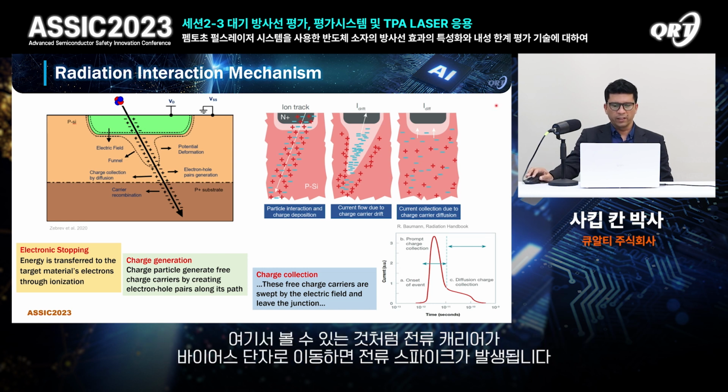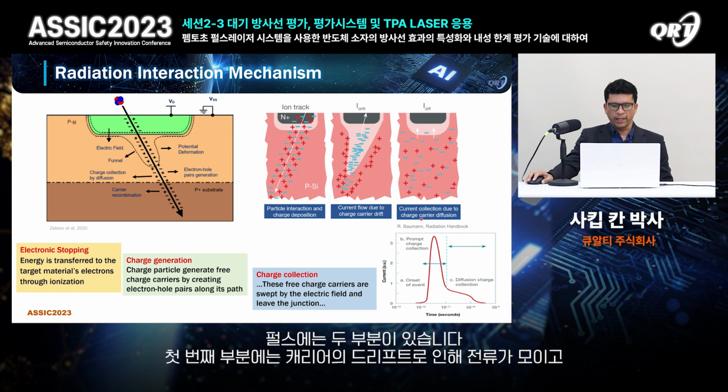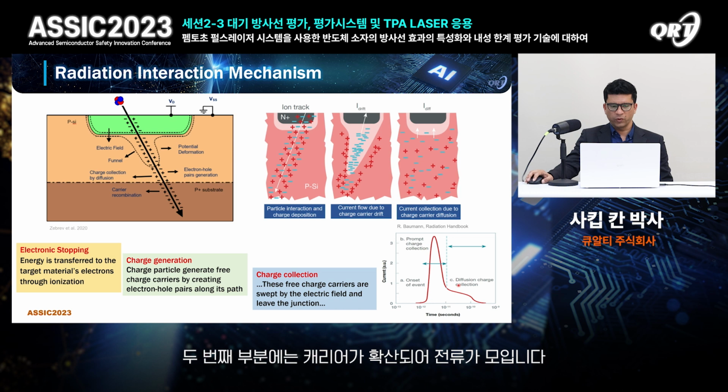Here you can see the current spike is generated as a result of the carriers drifted towards the bias terminal. This pulse has two parts. The first part shows the current collection due to the drift of the carriers, and the second half shows the current collection due to the diffusion of the carriers.